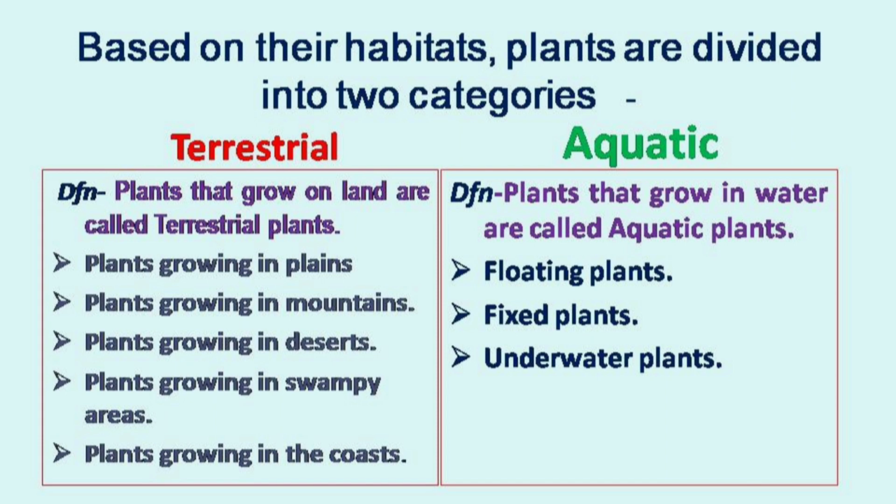The terrestrial plants: plants growing in plains, plants growing in mountains, plants growing in deserts, plants growing in swampy areas, and plants growing in the coast. Aquatic: floating plants, fixed plants, and underwater plants. Let us learn all these features of the plants one by one.